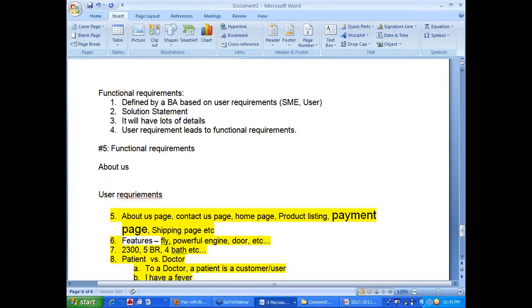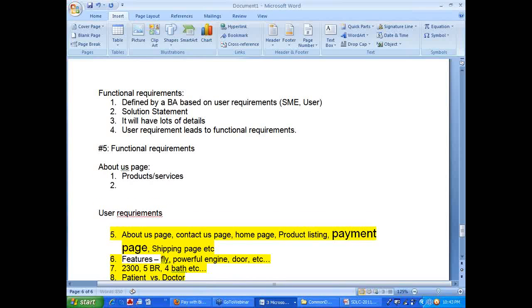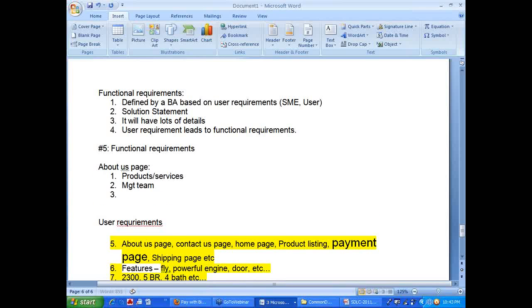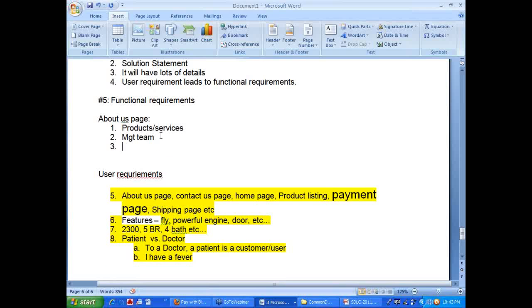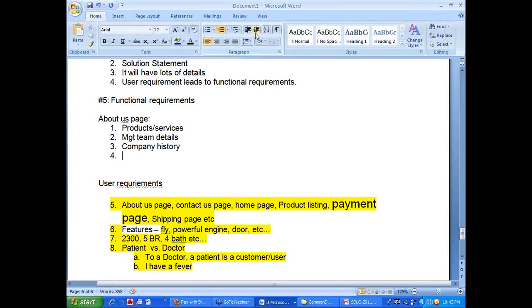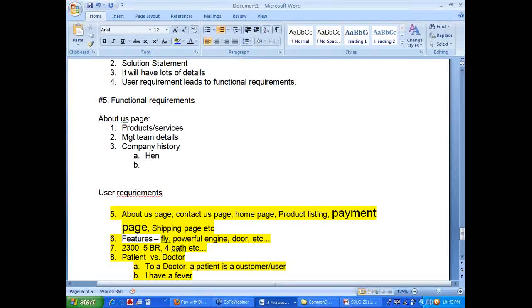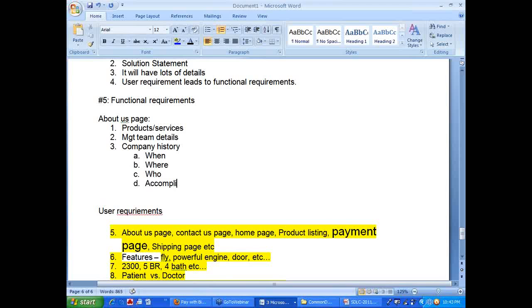For example, if it is about the about us page, information needs to be recorded in detail about products and services, management team details, company history, including when the company was started, where it was started, who started it, and all the accomplishments.